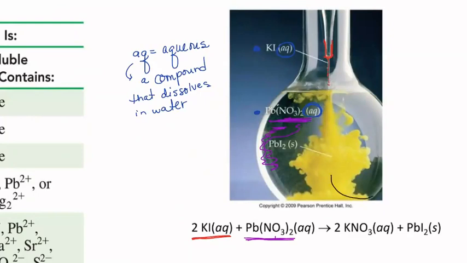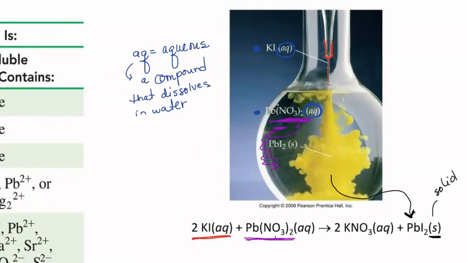And this specifically is going to be lead 2 iodide. Okay. And we can see that it is formed and it has a particular color. And now it's going to have the symbol S. S stands for solid. Okay.